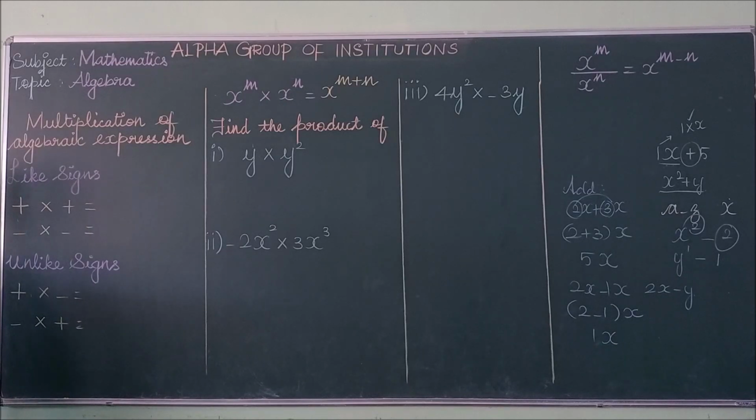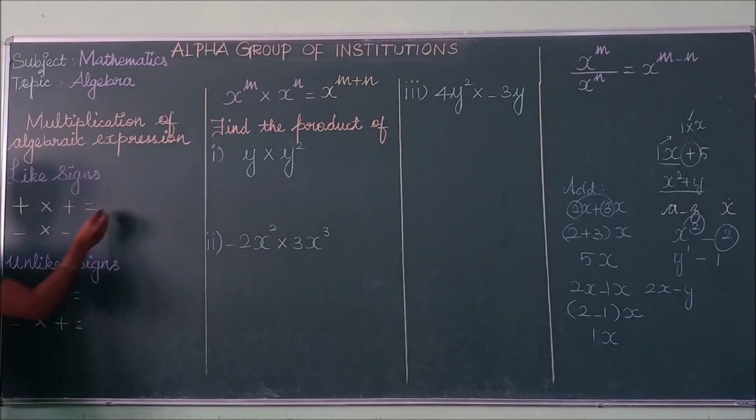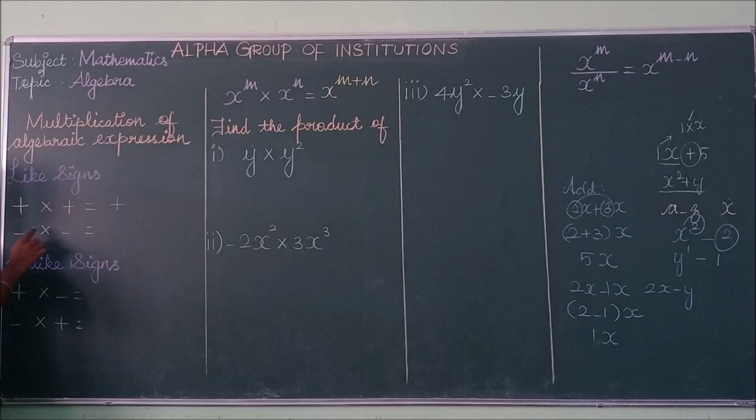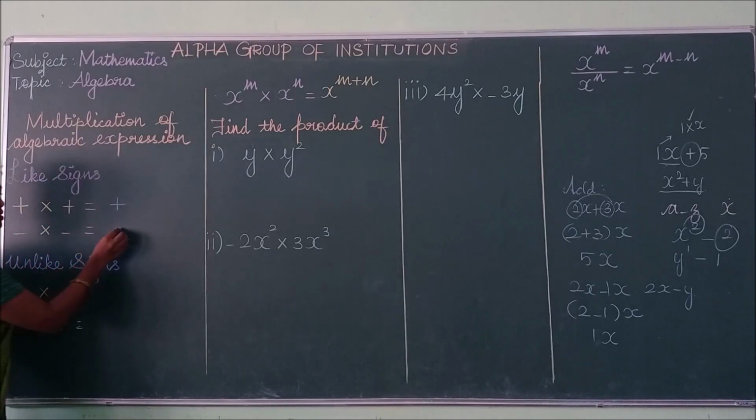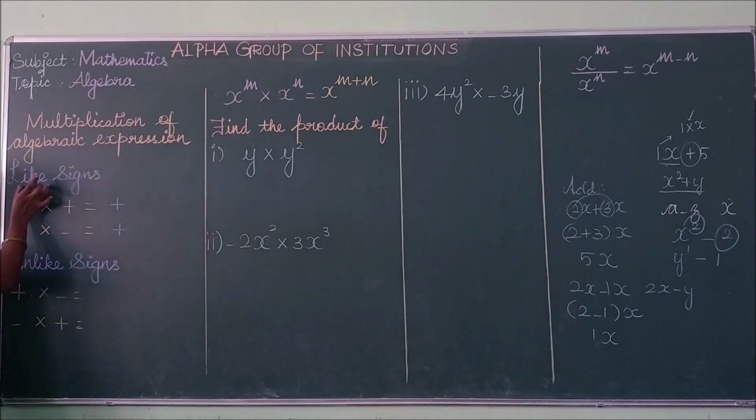So using that you can say now. Plus into plus is plus. Then minus into minus is also plus. Like signs means if both the signs are same, your answer will be in positive sign. Plus into plus is plus, minus into minus is also plus.